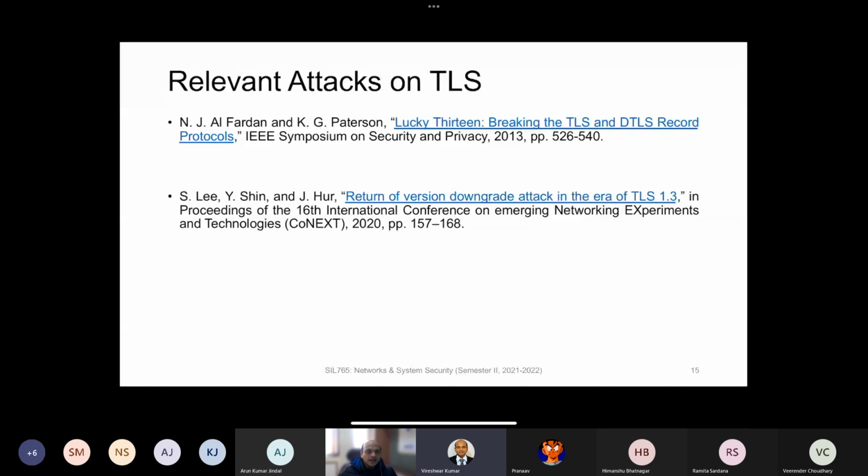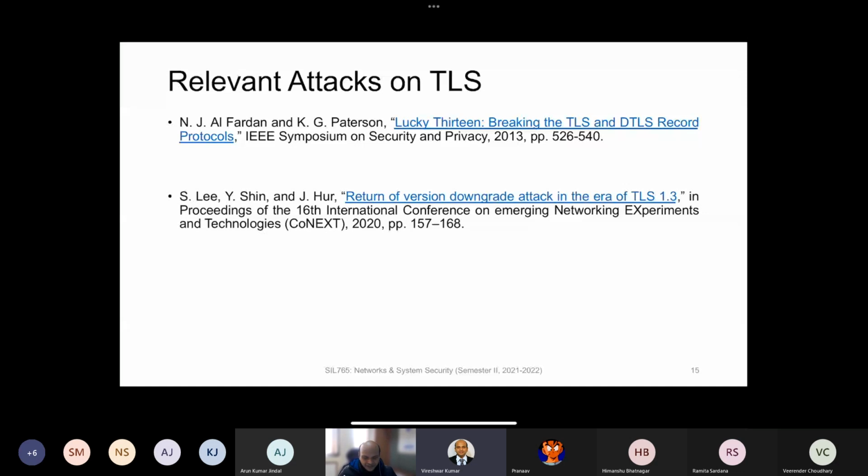Okay, good. Although we had a few things left related to TLS, I titled this lecture as Secure Cell because there were only two, three things that I wanted to talk about regarding TLS in this lecture.